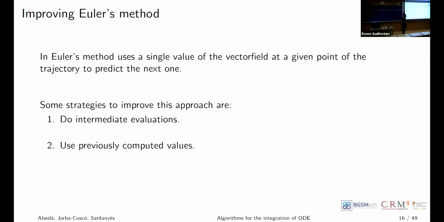I may be writing down in a file the x0, but I'm not using it anymore in the computation. So I could keep x0, and with the help of x0 and x1 try to do something better to compute x2, the next step. So that's another idea.